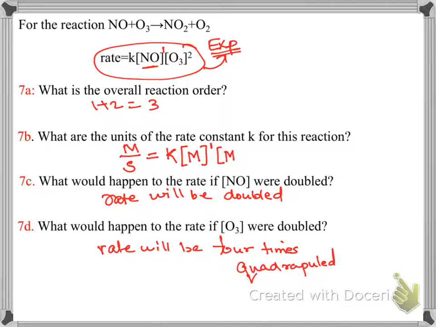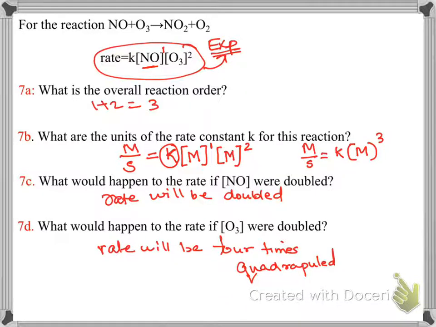The concentration of ozone has the unit of molarity, raised to the power 2. So molarity over second equals k times molarity raised to the power 3.